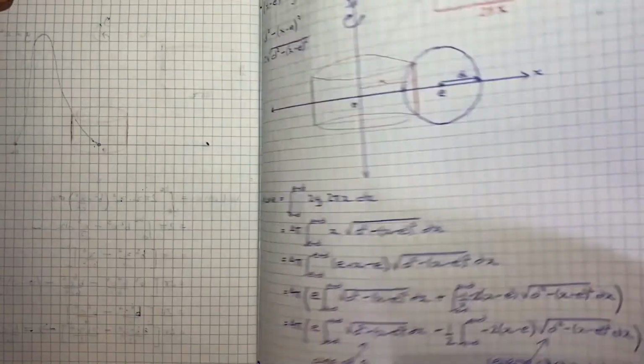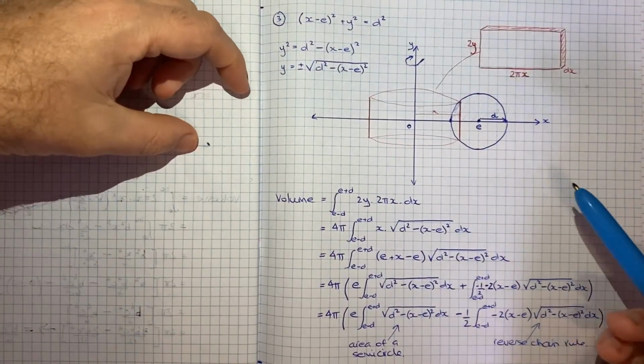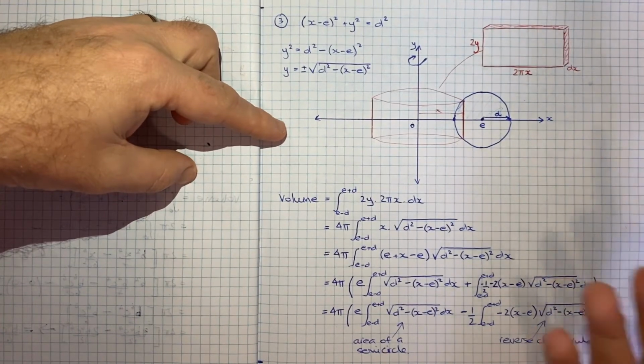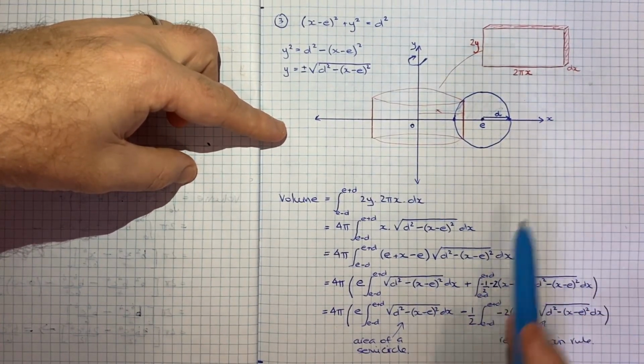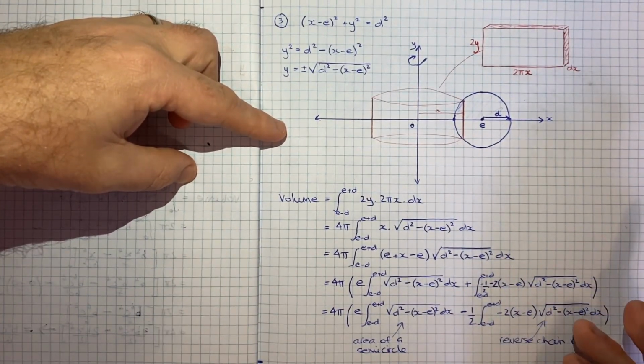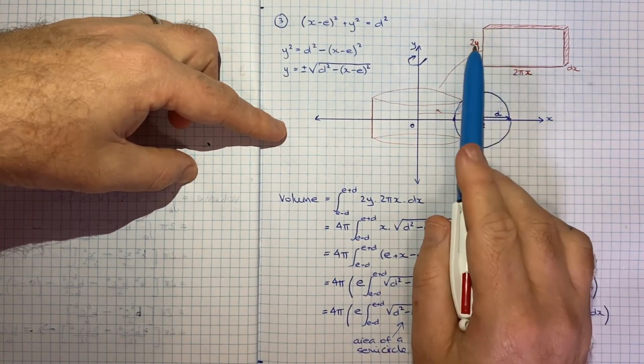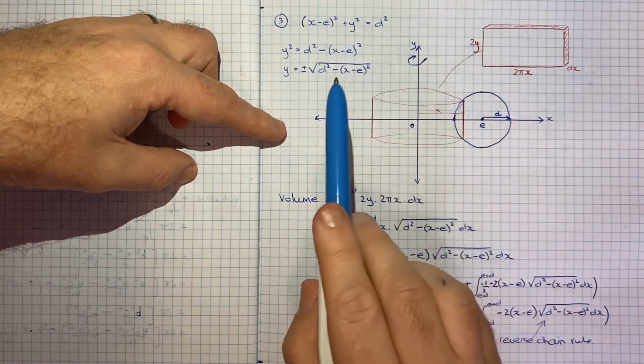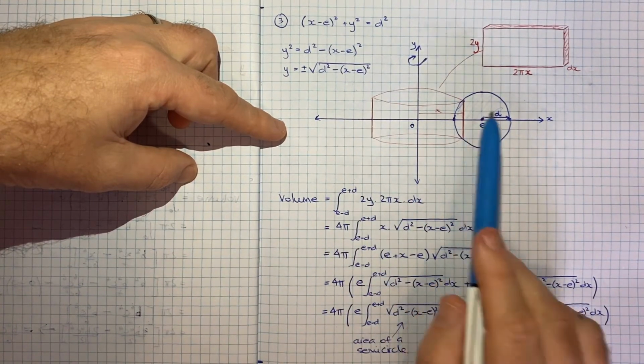So yeah, there you have it. That's how you tackle that question number 3. Definitely a little bit more difficult. Plenty of spots to get caught up. You've got to be careful not to make mistakes in terms of what's really happening as we rotate this circle. That's, I think, challenge number 1.